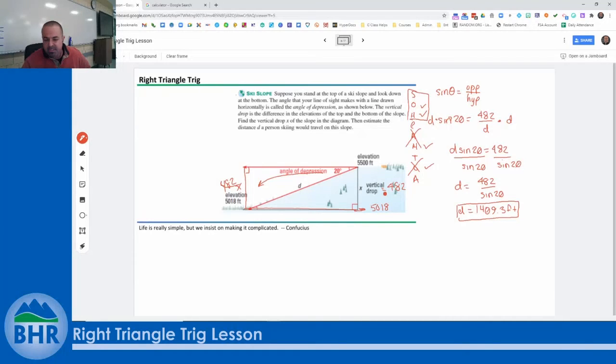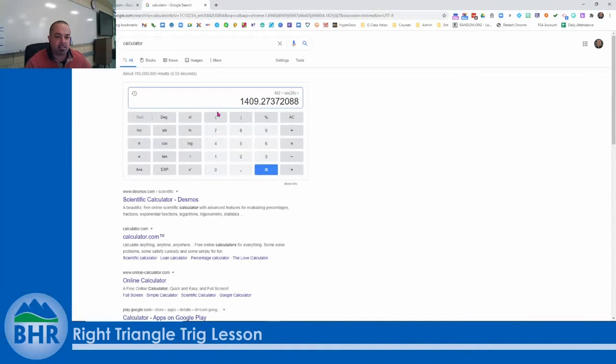So I want to point out to you the one thing here that's happening, right? So if I come back to my calculator first, and let's just figure out what is the sine of 20 degrees. Sine 20 equals 0.3420. All right?